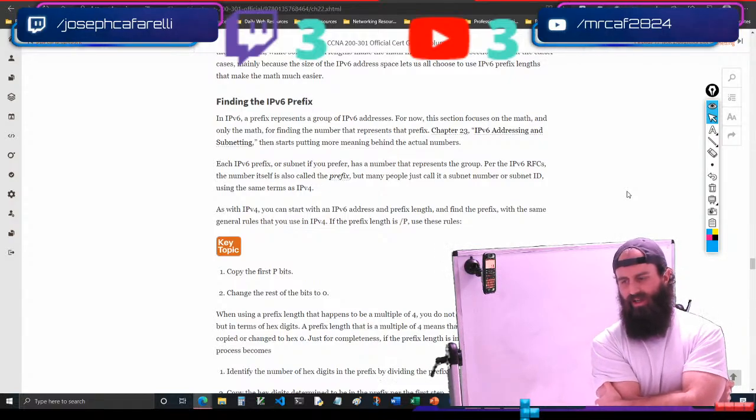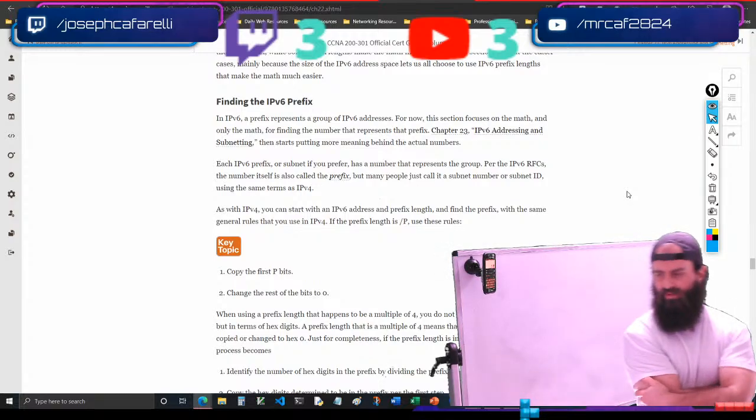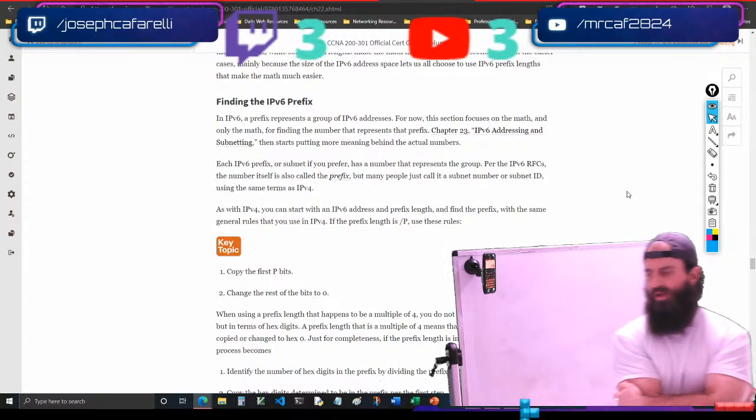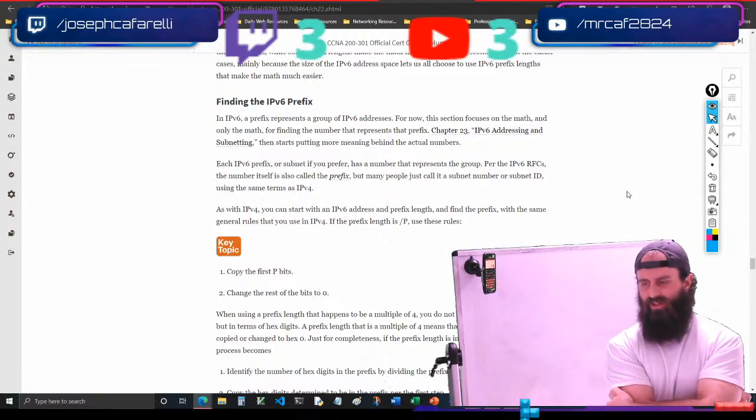In IPv version 6, a prefix represents a group of IPv6 addresses. For now, this section focuses on the math, and only the math, for finding the number that represents the prefix. Chapter 23, IPv version 6 addresses and subnets, then starts pulling more meaning behind the actual number.